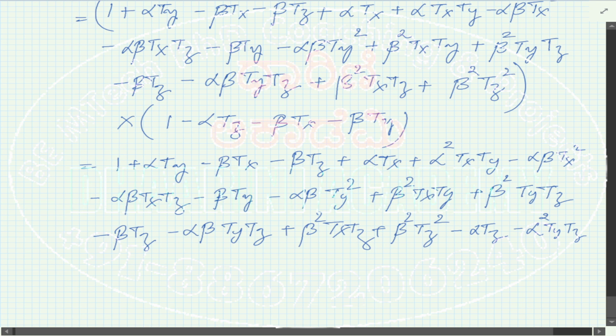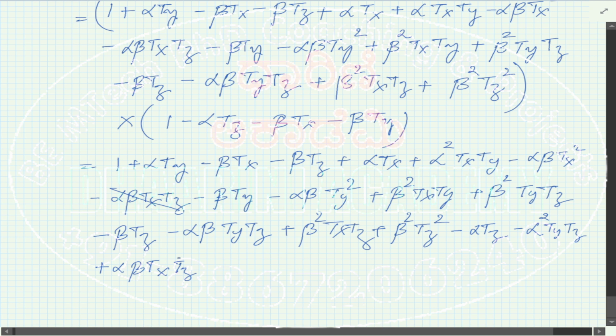Then the next term is alpha Ty, one with all of them. Next, minus alpha Tz into the first term is going to generate plus alpha beta Tx Tz. Just check whether you have alpha beta Tx Tz.